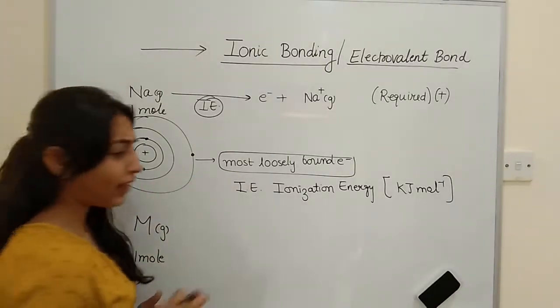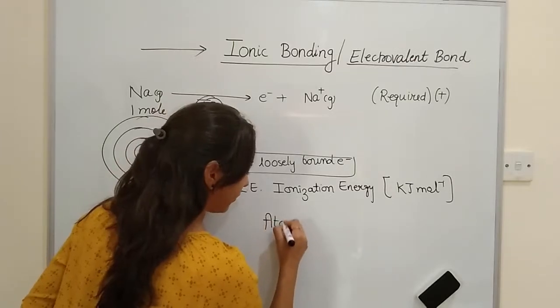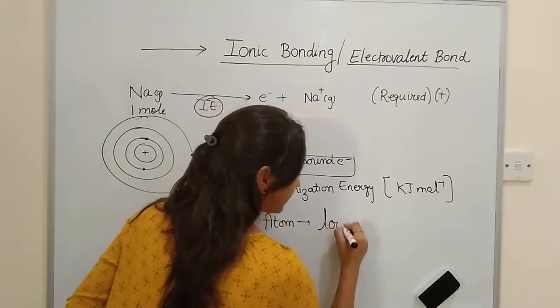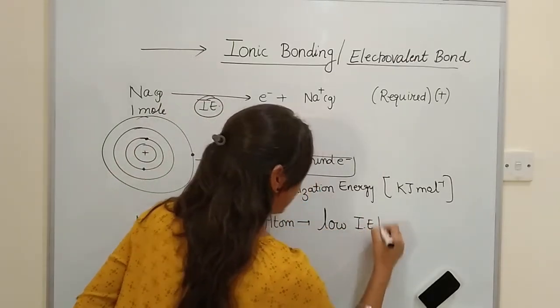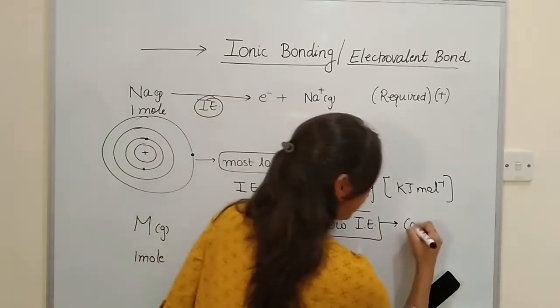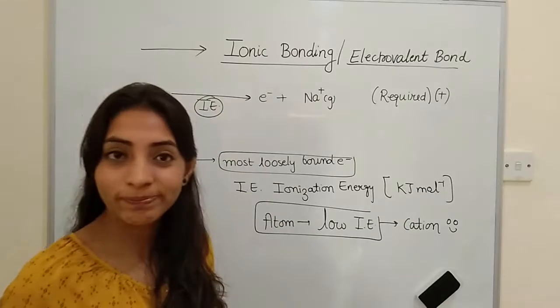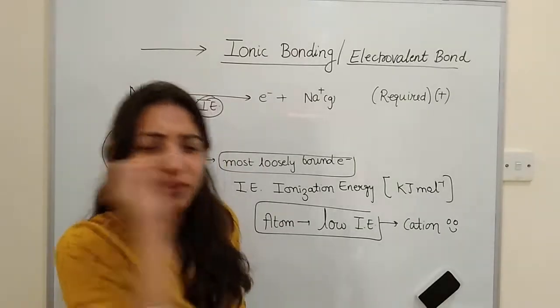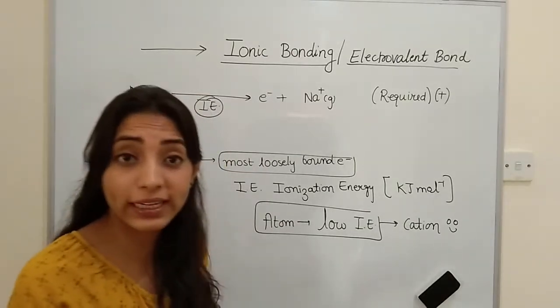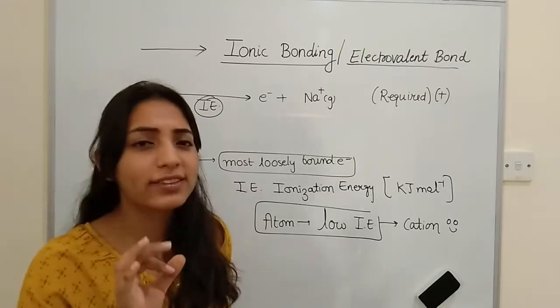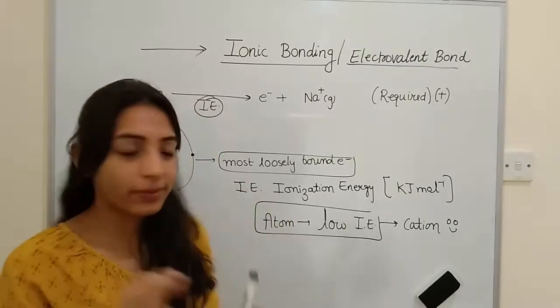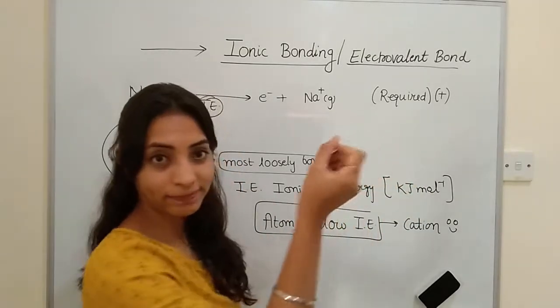Can I now say that any particular atom which has low ionization energy will be able to form the cation very easily, right? So if you have to provide very little energy to remove the electron, that particular atom is the most perfect atom to make a cation, right?